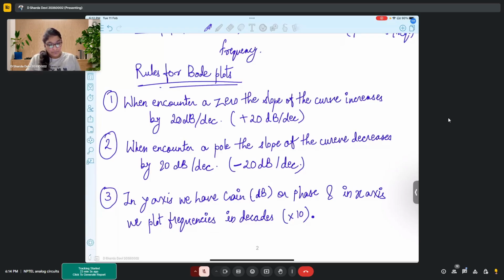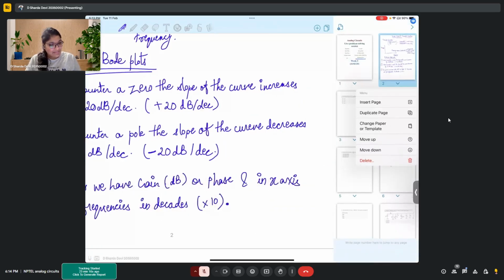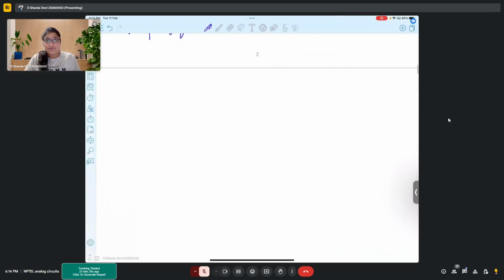Okay. So yeah, there are these three basic rules that we consider, and with this, maybe we can take one example to understand this behavior. So let's say I have this transfer function.